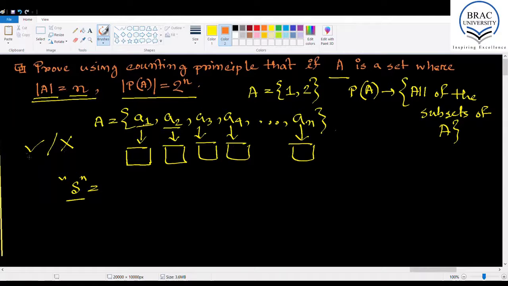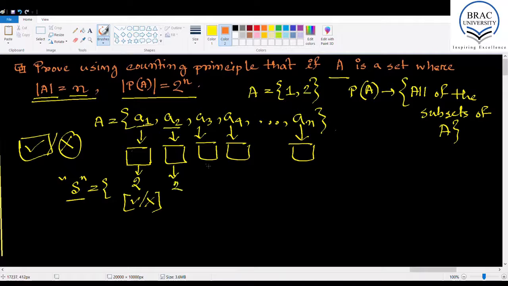If we put a tick here, it means A1 will be an element of set S. If we put a cross in this box, it means A1 won't be an element of the subset S. Similarly, we can put a tick or a cross here. So for each of these boxes, there are two different options: either tick or cross.